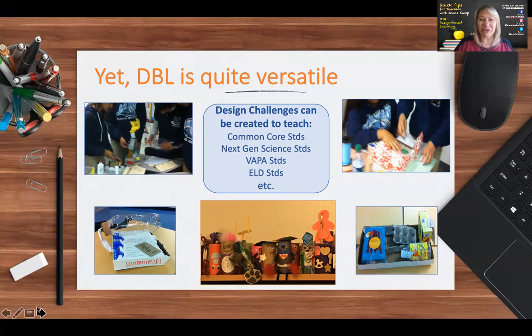So I have scholars using materials that I have gathered myself, and from colleagues, I asked them to bring in their clean recyclables. So you can see that this is, I think it was a cereal box, and then there's a cleaned out soda bottle, and we have tissue paper and glue sticks and some construction paper, egg crates, all sorts of things. Scholars use these recyclables that don't have anything to do with the concept, and they have to adapt them to that.